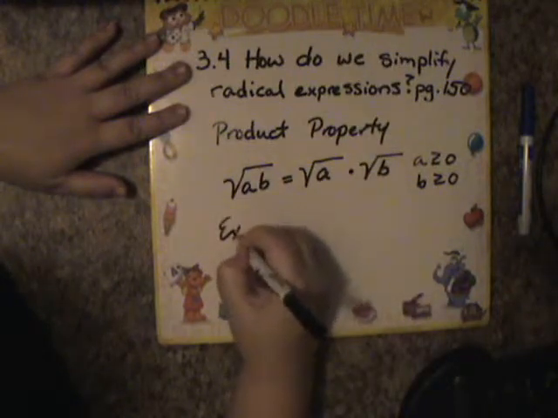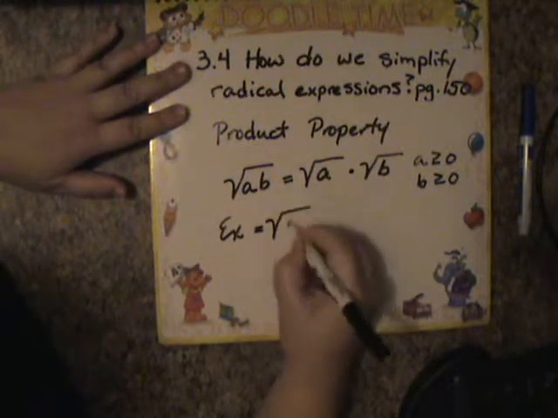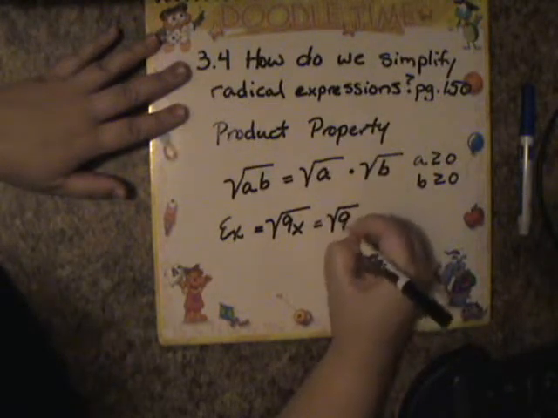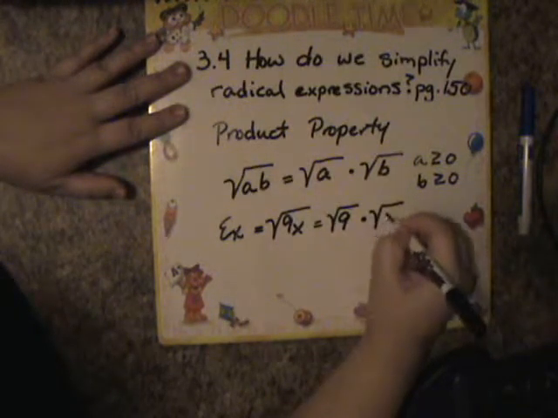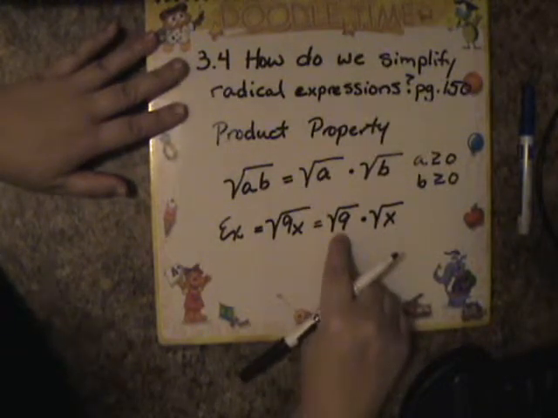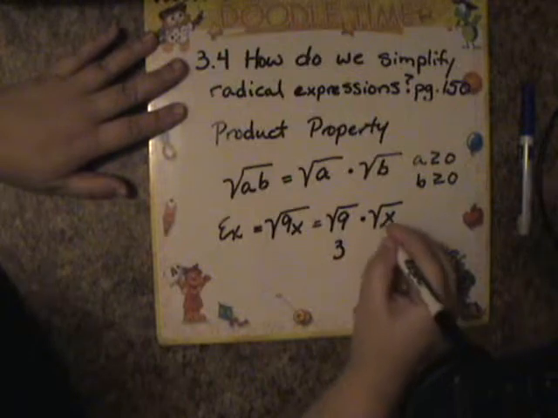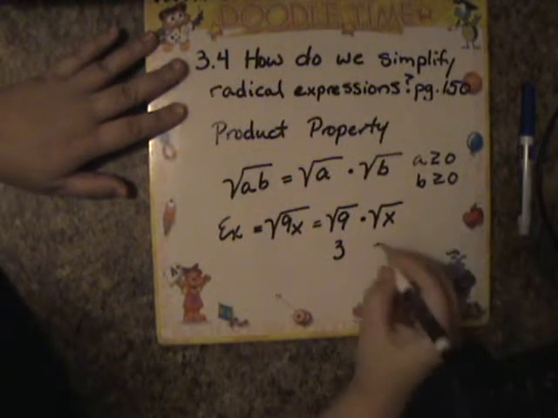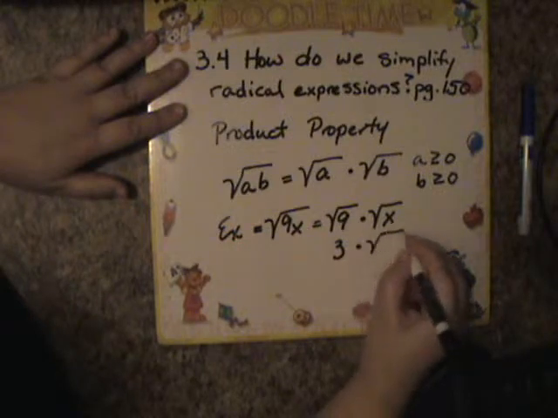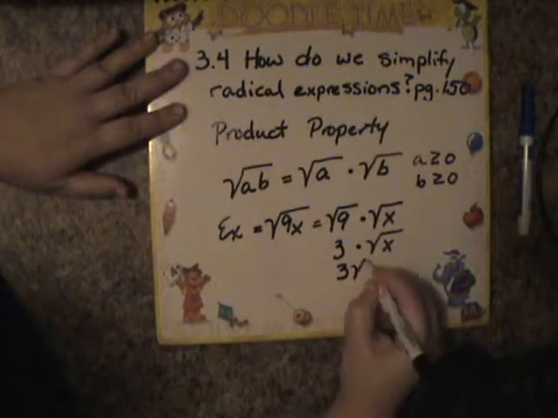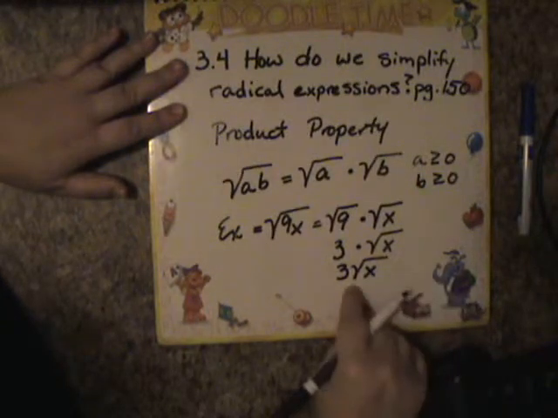An example of this would be if we had the square root of 9x, it would be the square root of 9 times the square root of x. Since we can break this apart, we already know the square root of 9 is 3. And then we cannot take the square root of x, so that's times the square root of x. It is written as 3 and then a radical next to it and an x.